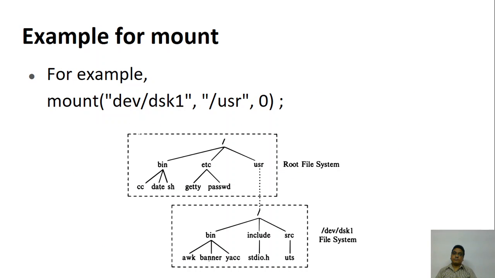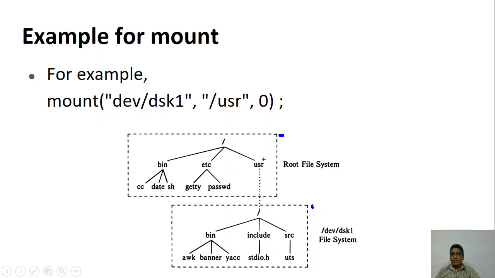If you look at this particular example over here, we have an existing file system with all the content over here. Now I am trying to mount a new file system into the existing file system. In other words, let's assume that this is my pen drive, and I'm going to connect my pen drive to the existing file system.